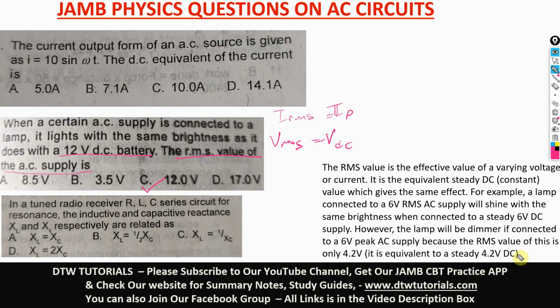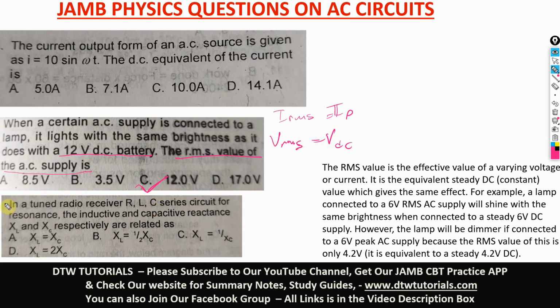Are you getting my point? So it's different. If this was a peak, then the answer would be totally different. But it says the same brightness as a 12 VDC battery. So in this statement, VRMS is equal to VDC, which is also 12. So you need to understand this.